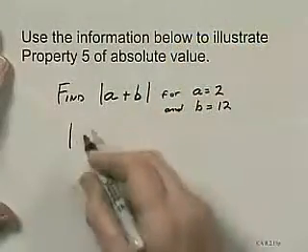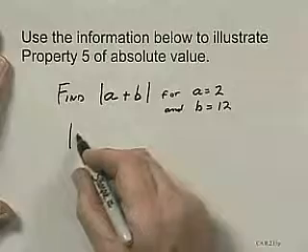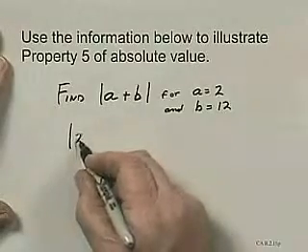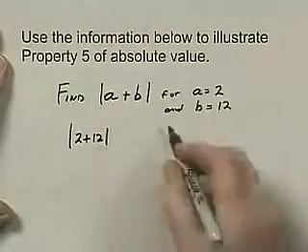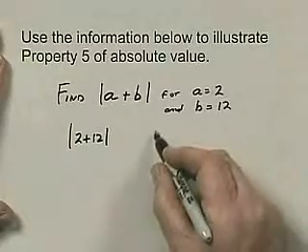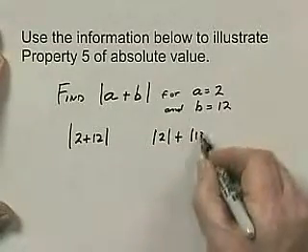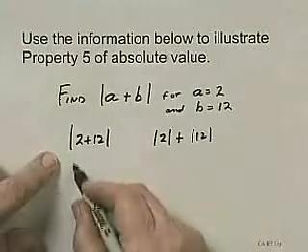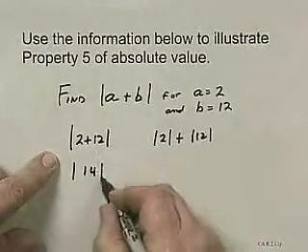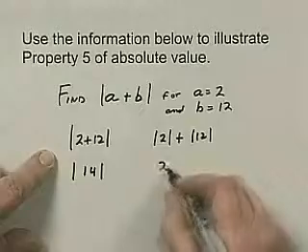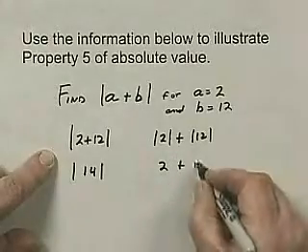Let's see how you did. Again, we are going to look at the absolute value of the sum, 2 and 12, and compare that with the absolute value of the individual parts, the absolute value of 2 plus the absolute value of 12. On the left side, this is the absolute value of 14. On the right side, this is 2, and this is 12.